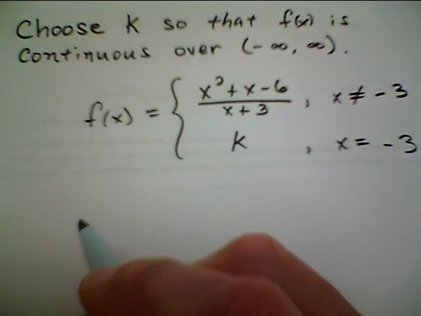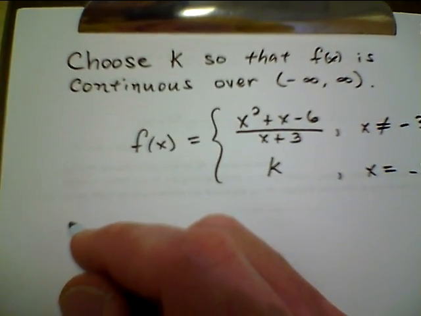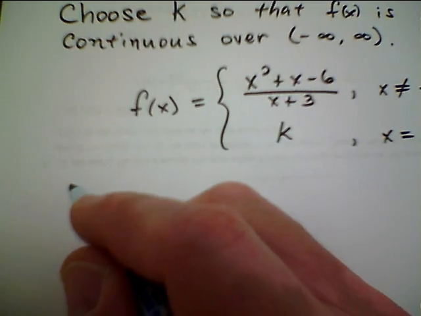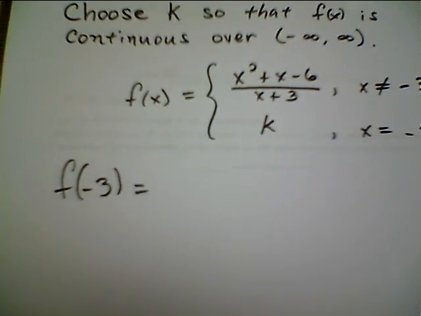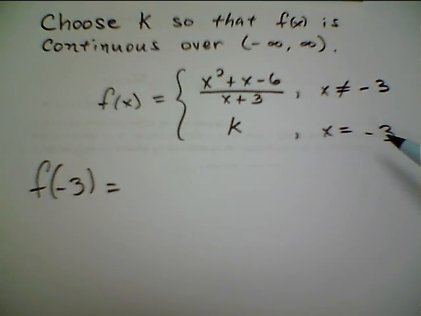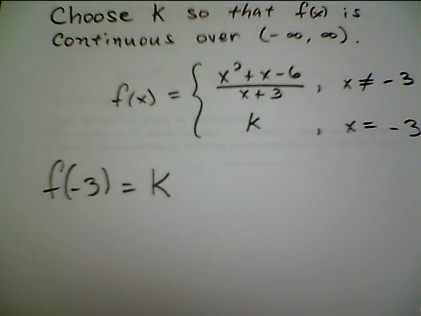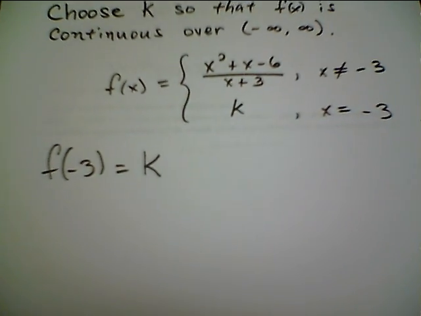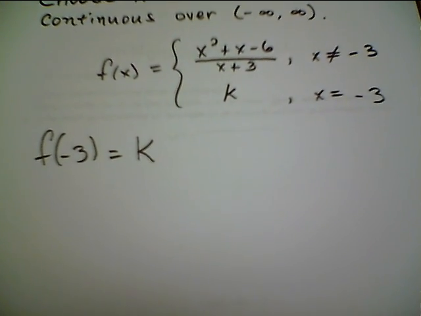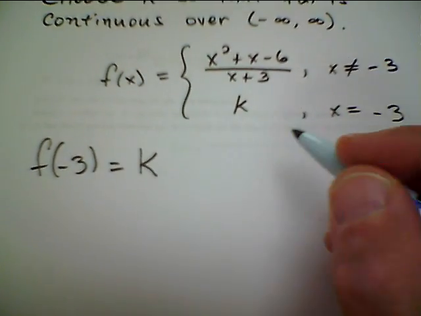So we want to choose a value for k so that f of x is continuous. So when x is minus 3, the function is equal to k. Now for this to be continuous everywhere, we want the limit as x approaches minus 3 to be equal to f of minus 3.